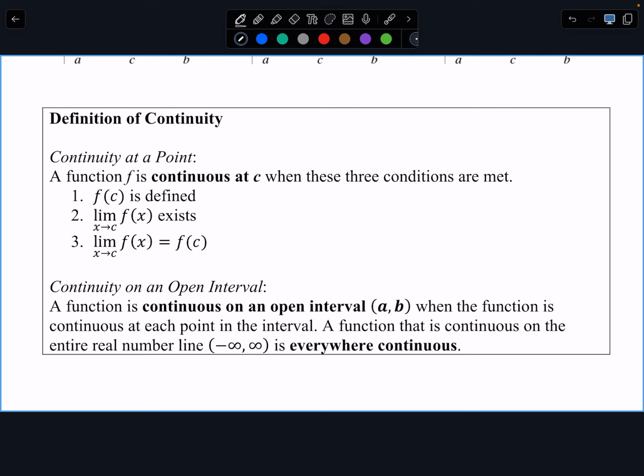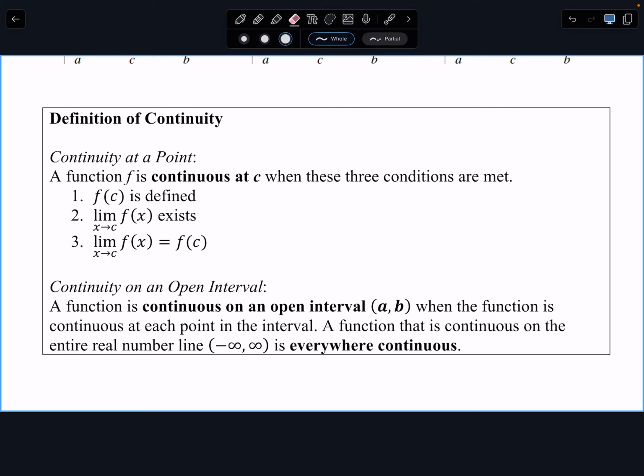If you're trying to figure out what type of discontinuity occurs, then you would go to the second item on the list, right? So think about the limit as x approaches c. If it exists, that's going to tell us something about the continuity, which we've been discussing this whole time, or about the discontinuity.